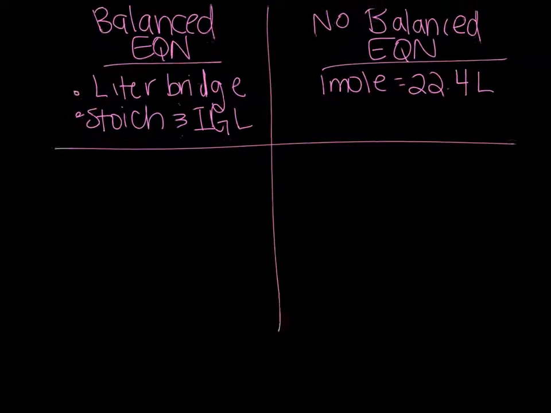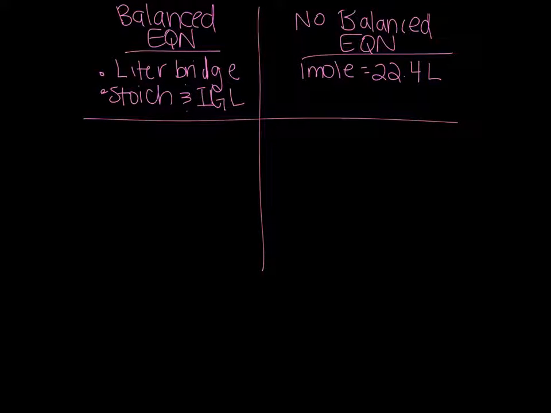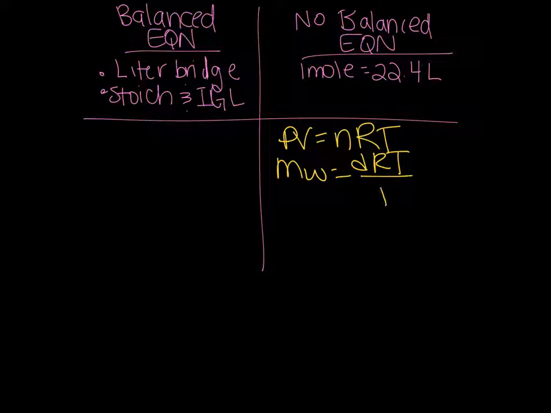So we're going to go through just the few equations. When you don't have a balanced equation, you're always talking about the same substance, because there are no coefficients to work with. This is when you will use either the ideal gas law by itself, MW equals DRT over P by itself, or if they want you to go from grams of a gas to how many liters contain it.